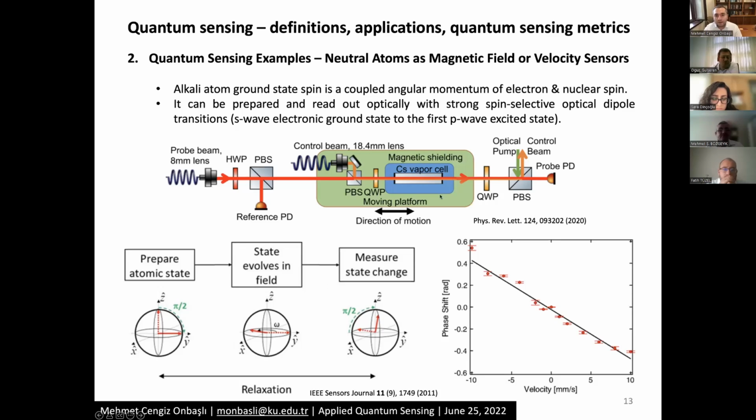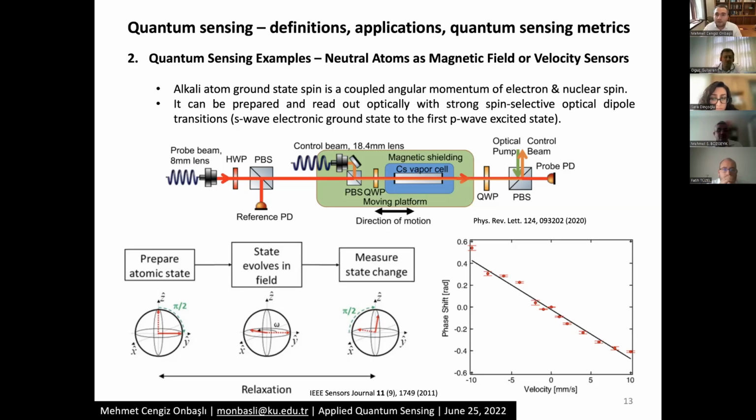So in this kind of a structure, we simply use a moving platform to detect the optical phase shift as a function of the velocity that we use for our cesium vapor cell. And the fact that we use magnetic shielding allows us to eliminate any kind of splitting of the energy levels due to Earth's magnetic field, which can actually be relevant for fields that we will be reading.